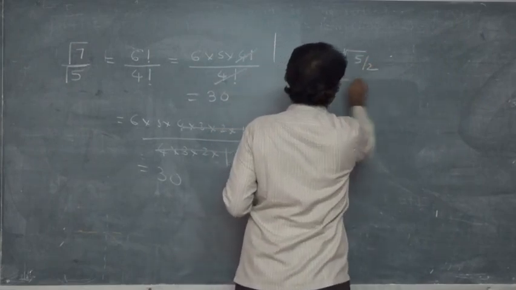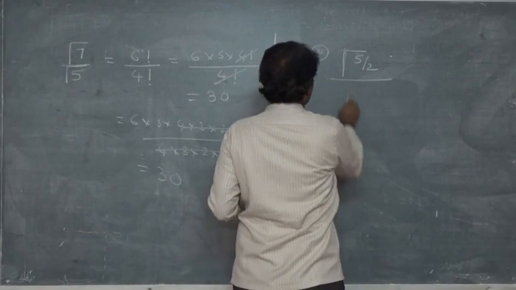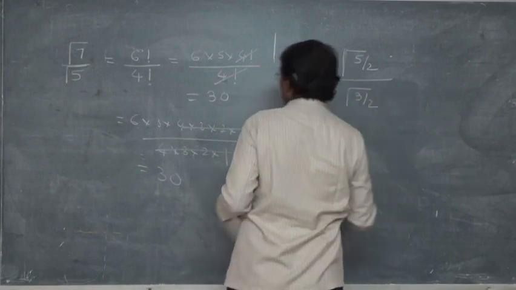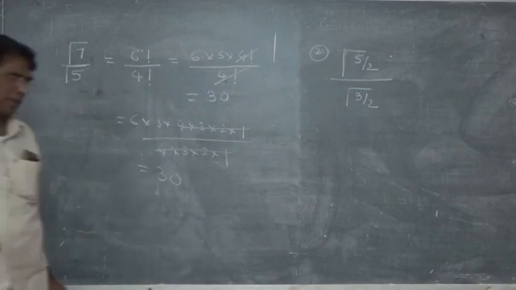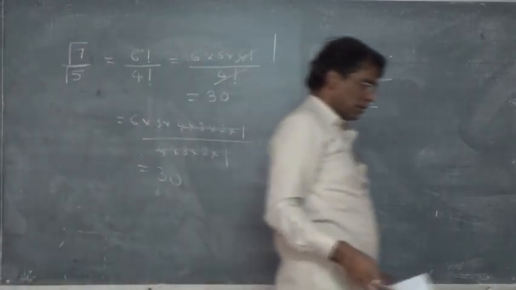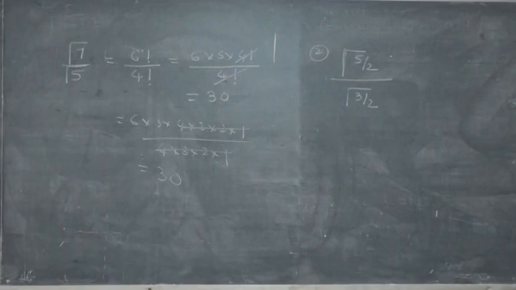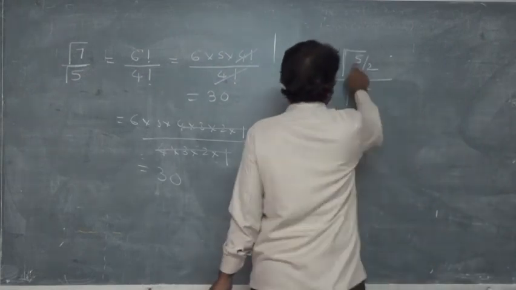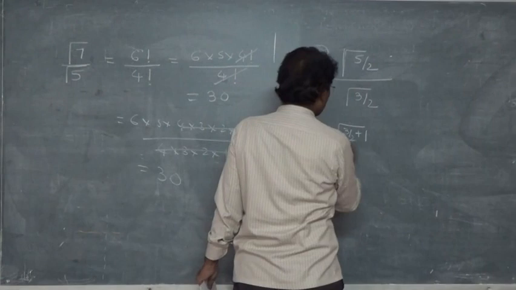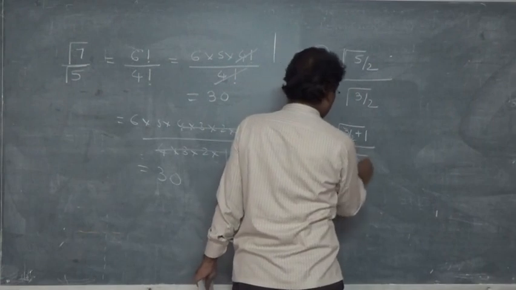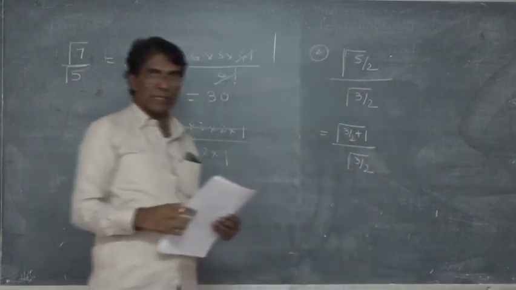Gamma 5 by 2 divided by gamma 3 by 2. So now this 5 by 2 can be written as, if you remember, 3 by 2 plus 1, so gamma of 3 by 2 plus 1 divided by gamma 3 by 2, isn't it?